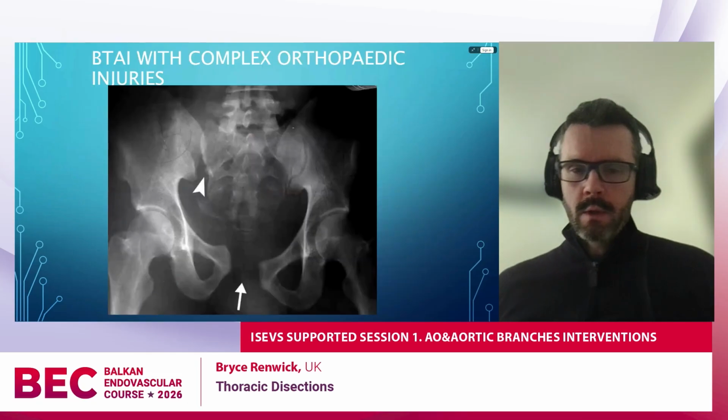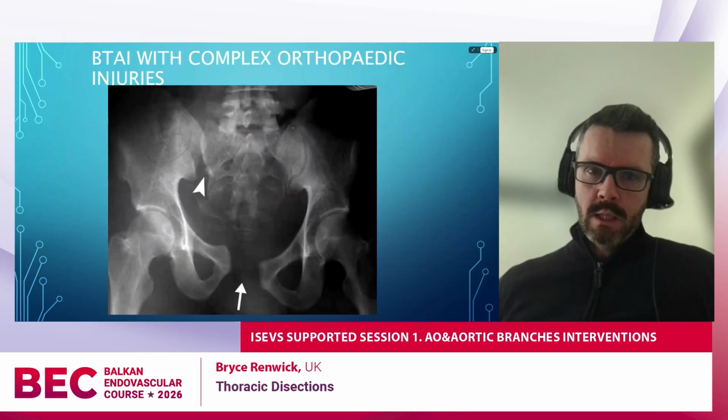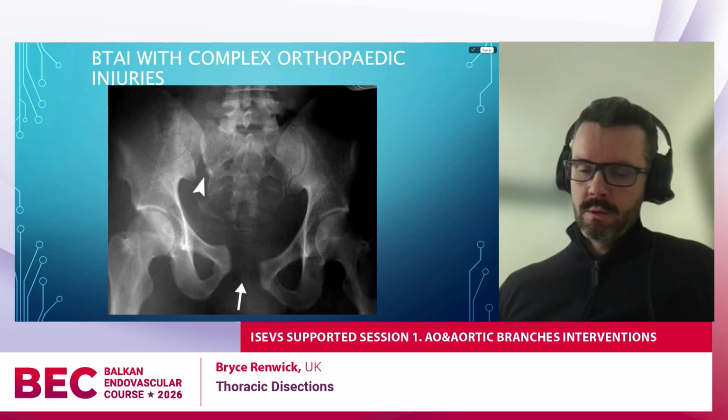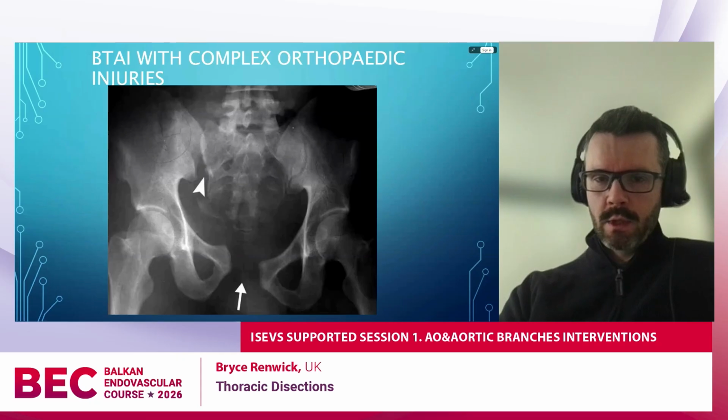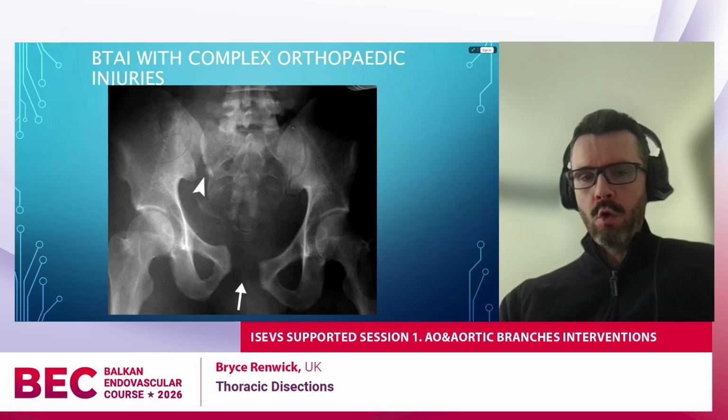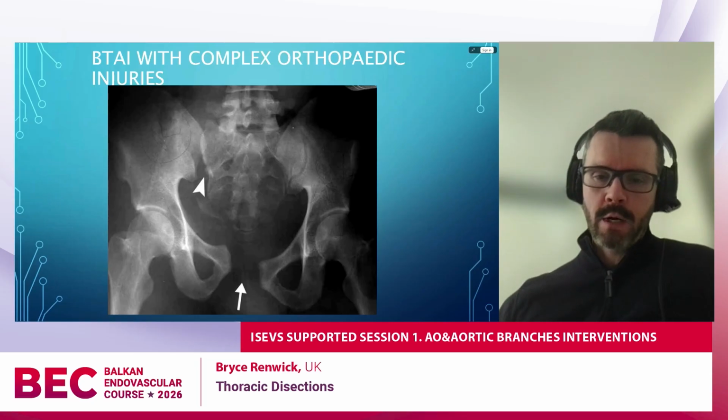So here's a typical trauma case. This man, I'll not show you his CT of his chest, but it shows a grade 3 aortic injury with a false aneurysm. But he's also got this very significant open book pelvic fracture, and you can see the complete disruption of the sacroiliac joint and complete disruption of the pubis.